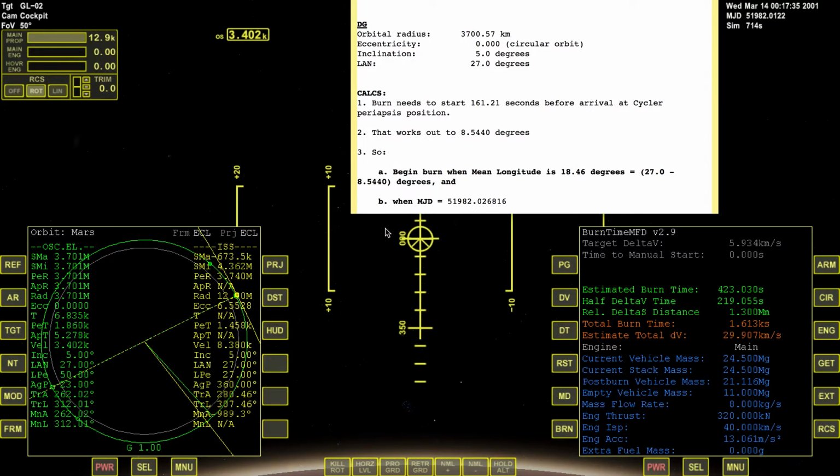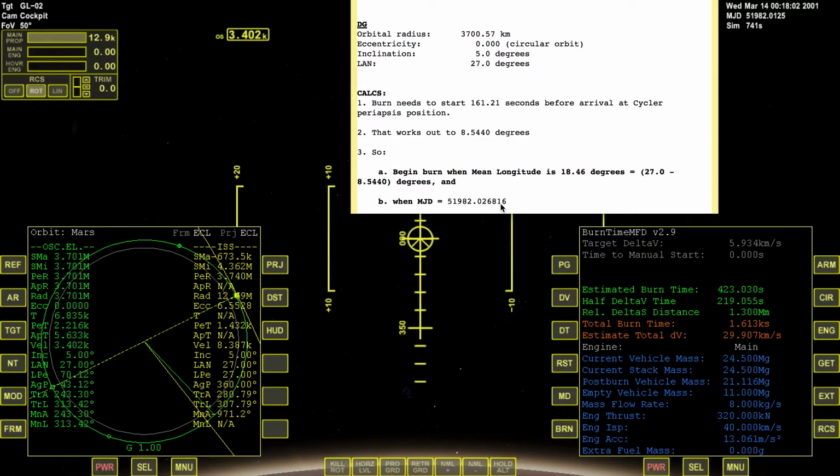Okay, we're pointed prograde, and we're locked in place by Pursuit MFD, and I know that we're in the right circular orbit with the right radius, and we've got the timings right, so that we are going to hit this magic number of mean longitude of 18.46 degrees when the MJD gets to be 51982.026816.